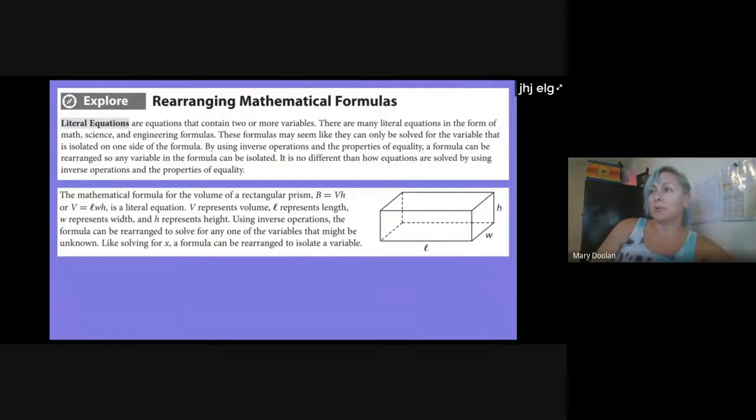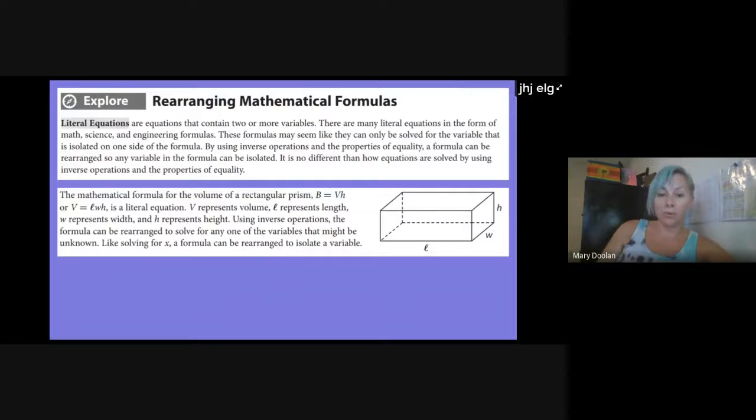There's an example shown here. We have a rectangular prism where the length, the width, and the height are labeled. A literal equation, or mathematical formula, for the volume in that situation is capital V equals L times W times H, length times width times height.